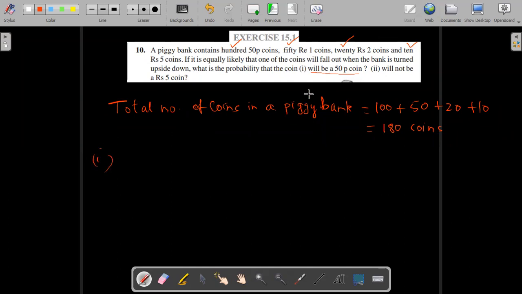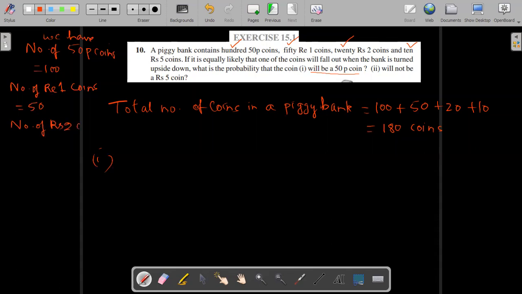First, you can write here the number of 50 paisa coins is equal to 100, the number of 1 rupee coins is equal to 50, the number of 2 rupee coins is equal to 20, and the number of 5 rupee coins is equal to 10.